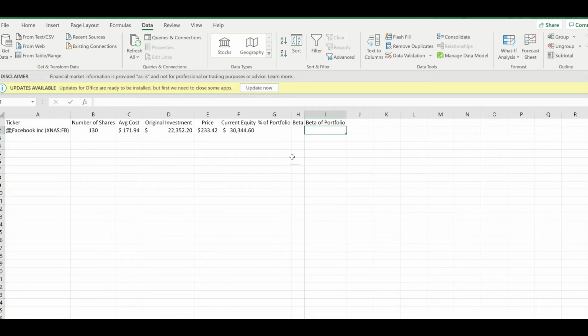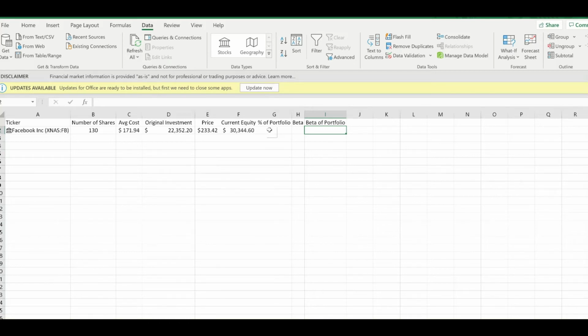But since you only have one of that stock, it's not going to really affect the overall beta of your portfolio, right? It's still going to be 1. So that's what we are trying to find out here. Even though Facebook has a beta of 1.19, if you only have 10% of your portfolio in Facebook, the beta of Facebook in your personal portfolio is going to be different.